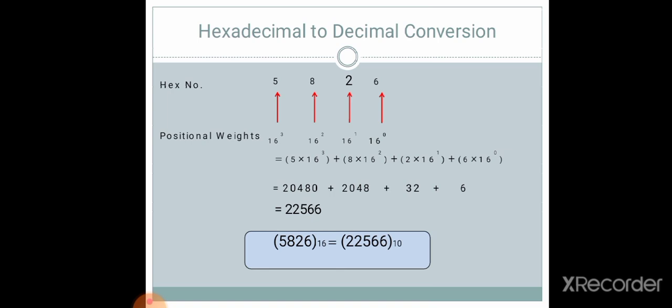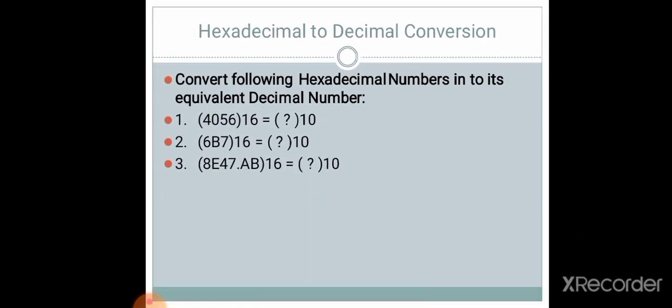Then a hexadecimal to decimal conversion exercise is given. Solve this exercise in your notebook. If you are having any difficulty solving, don't worry, I will post a video on how to do the conversions.